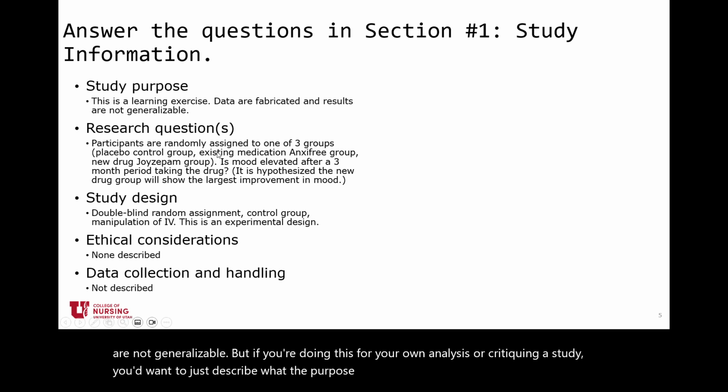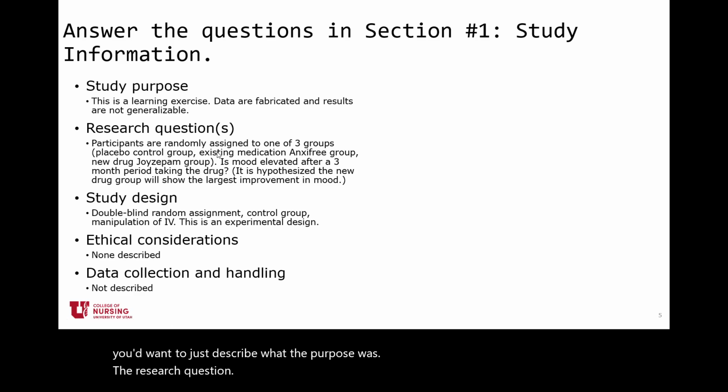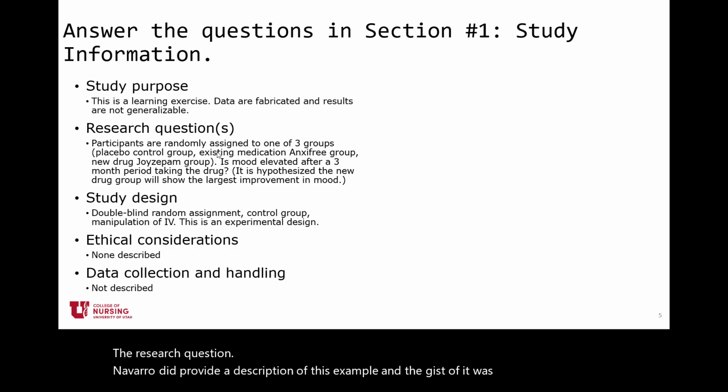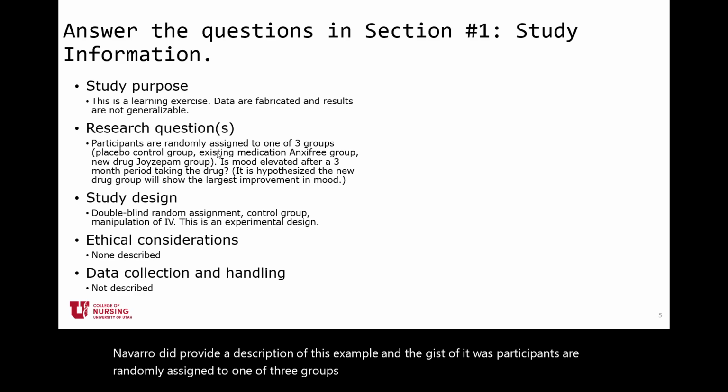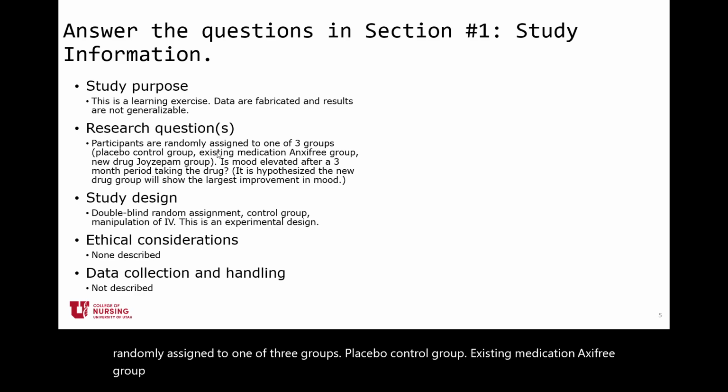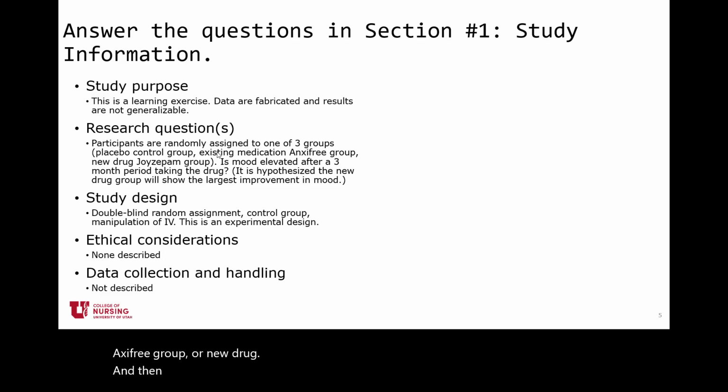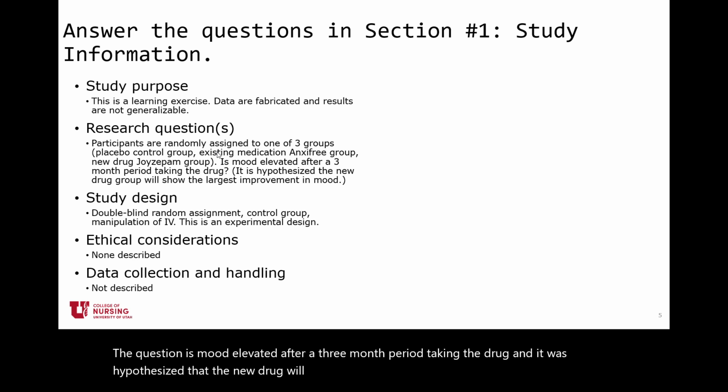The research question, Navarro did provide a description of this example, and the gist of it was participants are randomly assigned to one of 3 groups: placebo control group, existing medication, anxifree group, or new drug joyzepam group. And then the question was, is mood elevated after a 3-month period taking the drug? And it was hypothesized that the new drug will show the largest improvement.